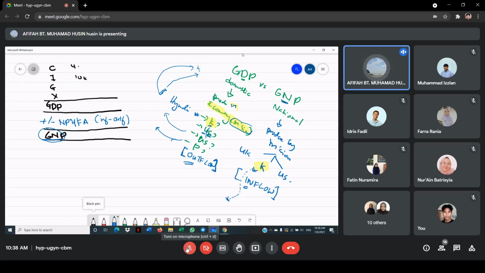That is why it is called inflow: money coming into Malaysia again. That is the product by our nationality. What you get in the UK will go into GNP, by Malaysians outside the country.